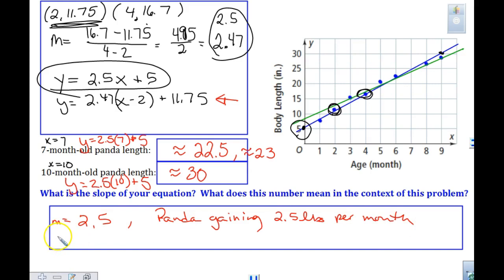If I asked you for the y-intercept, what is the y-intercept for this panda? The y-intercept was 5. Which means what? When the panda was born, at 0 months of age, it weighed 5 pounds. Okay?